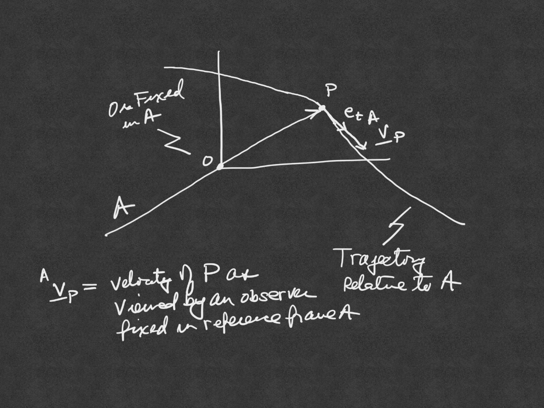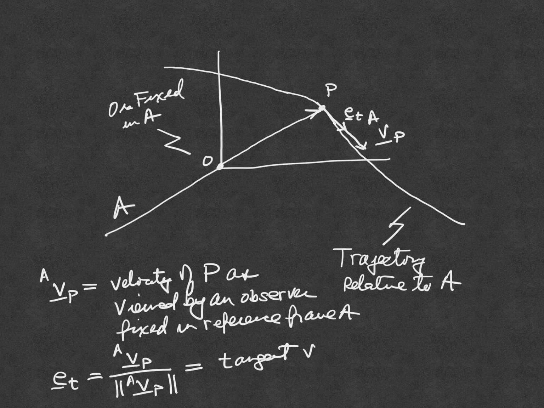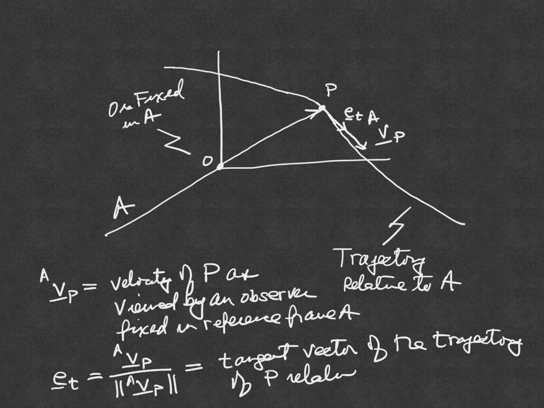So E sub t is the unit vector along the velocity of P in A. So E sub t is equal to the velocity of P in A divided by the magnitude of the velocity of P in A. And this vector is what's called the tangent vector of the trajectory of P relative to reference frame A.